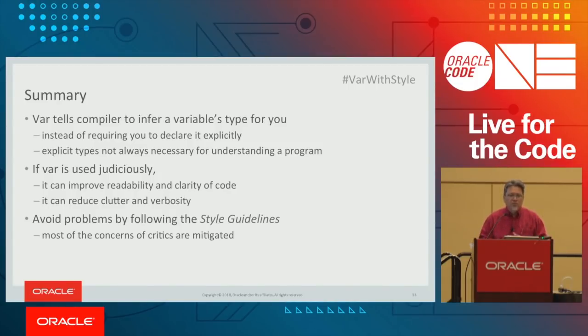It can improve readability and clarity of code. Think about those examples I showed. Sometimes the explicit type in a declaration will just overwhelm everything else. And when you run into cases like that, I think var is very nice.